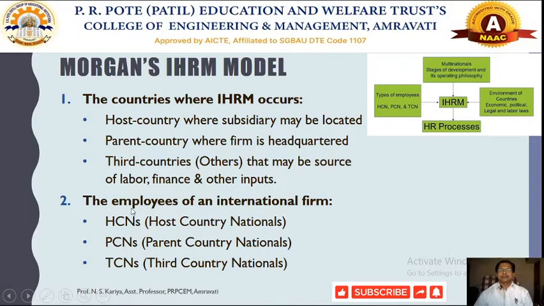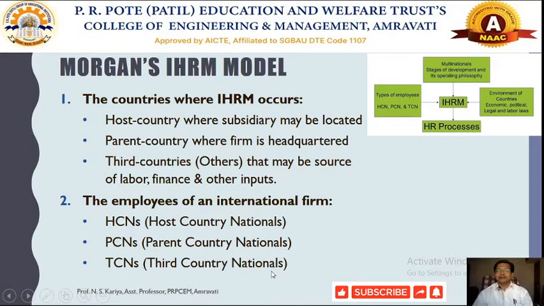Then, the different kinds of employees in this international firm. Let us see here. HCN means host country national, PCN stands for parent country national, and TCN stands for third country national.